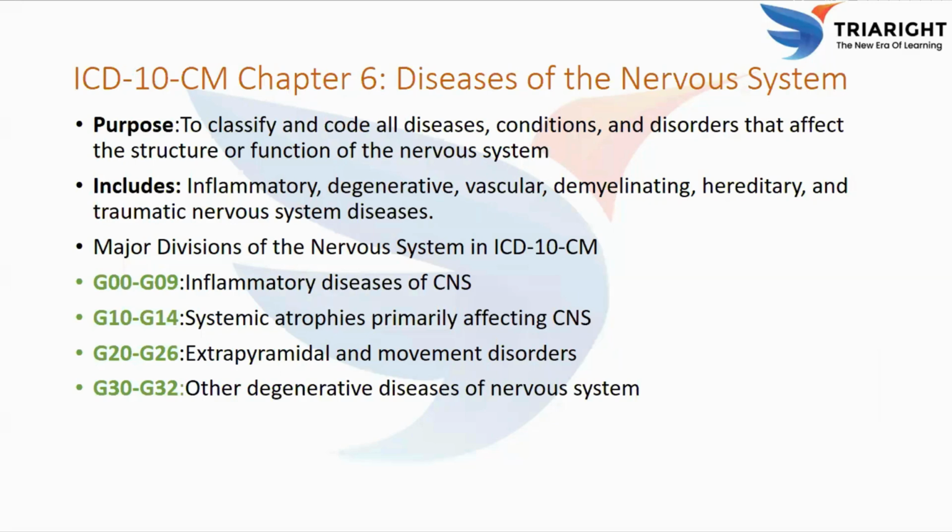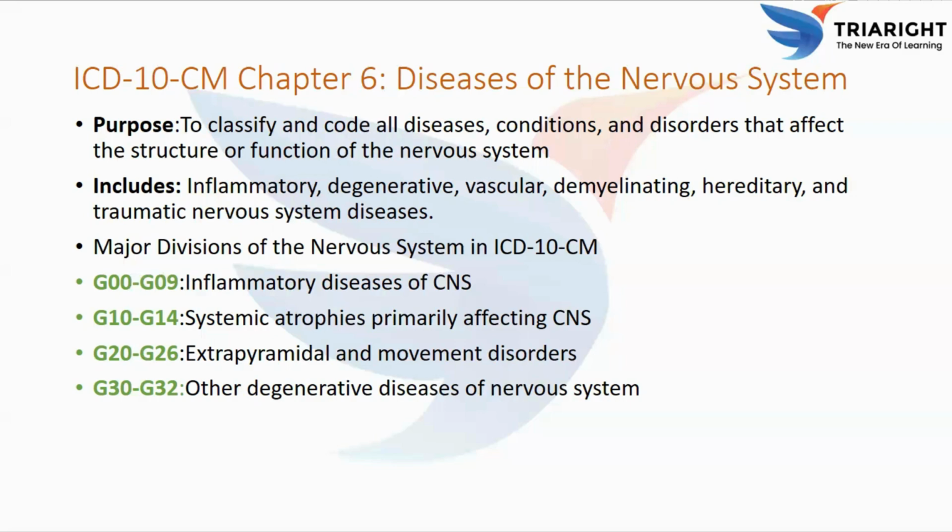So any disease related to the nervous system is coded in the G00 to G99 series. What type of diseases are included here? This chapter covers a large variety of conditions including inflammatory, degenerative, vascular, demyelinating, hereditary, and traumatic. There are major subdivisions of the nervous system codes.